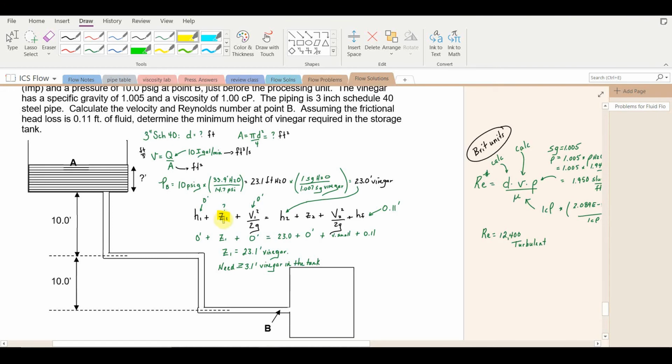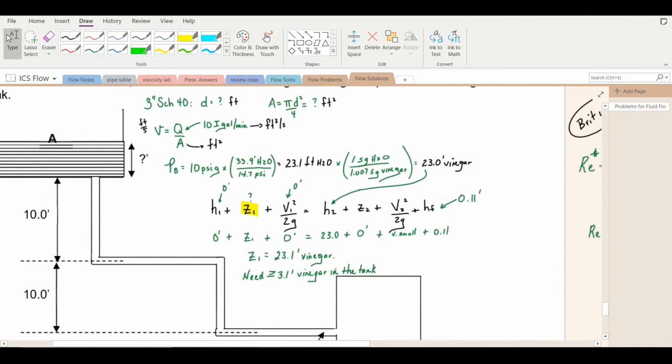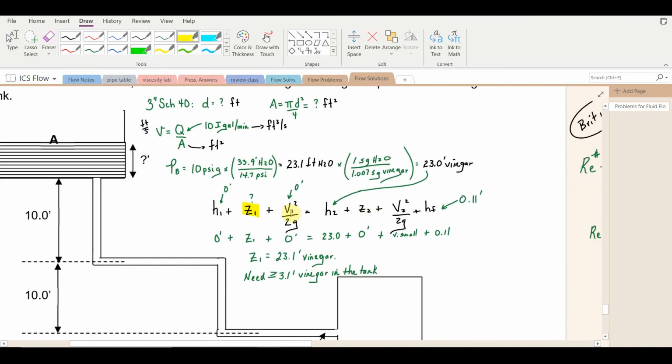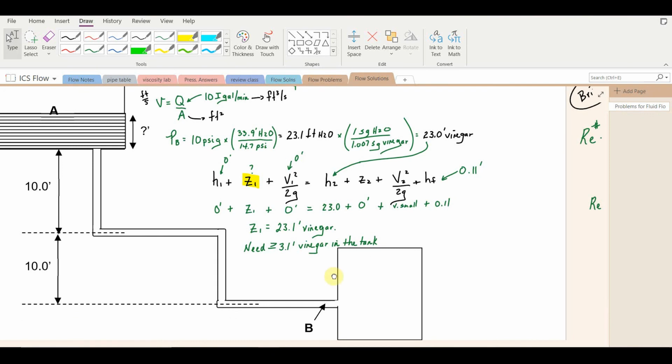And Z1 will be the elevation at point 1, which we're trying to solve for. What about the velocity term? Well, that's going to be 0 because there's no velocity at the surface of a large tank. It's not moving. There's a velocity in the pipe at point B, and we'll cater for that later. That'll be equal to the pressure at point B, which we're going to work out in just a moment.